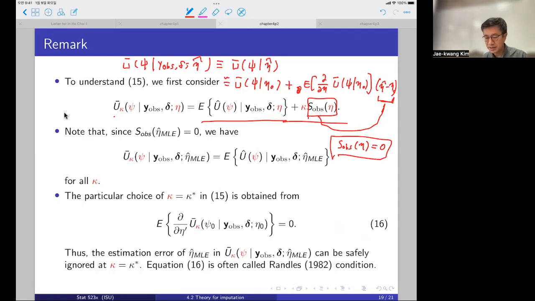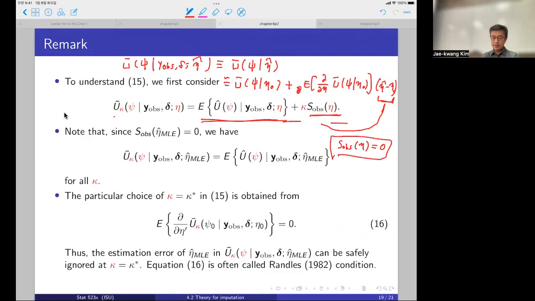That means the result of your Taylor linearization will be just a linear combination of the original function and the estimating function that computes eta hat.